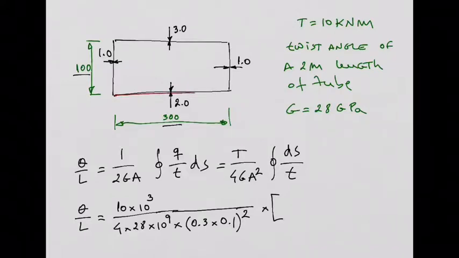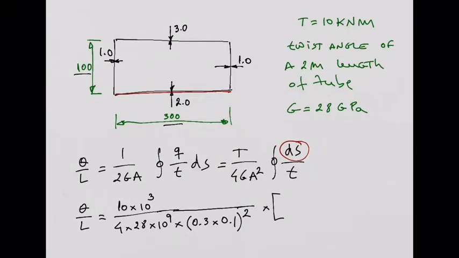So, for example, if we start with this wall here at the bottom, what I need to have is this ds, basically the length of the wall, which is 0.3, since we are working with meters. And I need to divide this by the thickness of this wall, which is 2 millimeters, or we need to convert to meters: 0.002 meters, right?